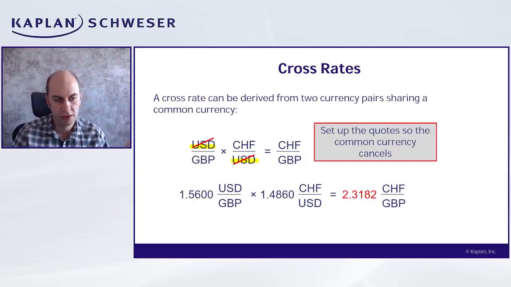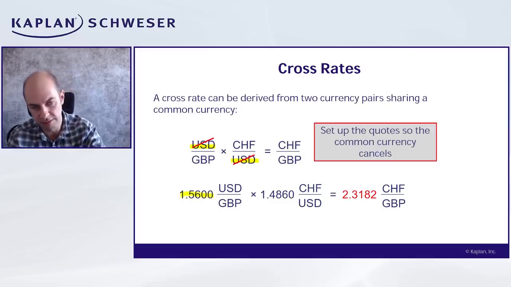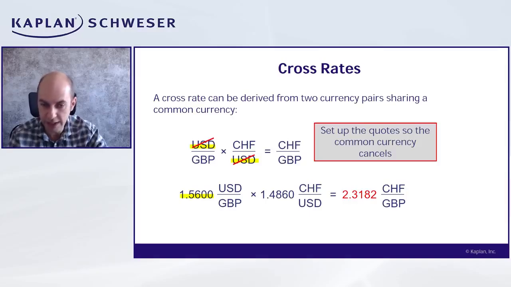Okay, so firstly, we know that 1 pound buys $1.56. Remember that's the base. So the base is the 1 unit. I believe you must have watched the video where I explained that. And then Swiss over dollar implies that $1 buys 1.486 Swiss.